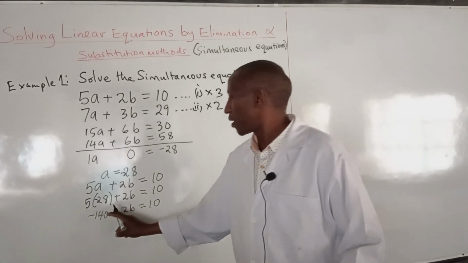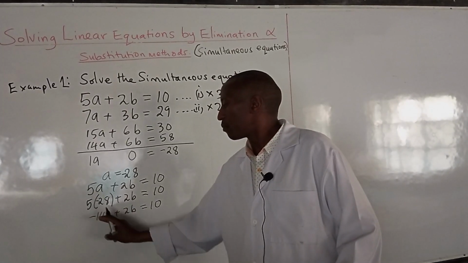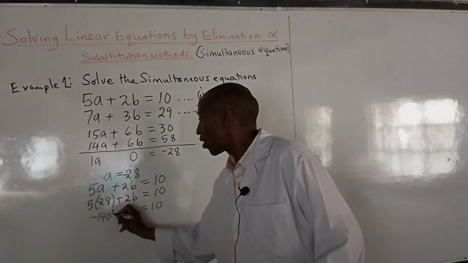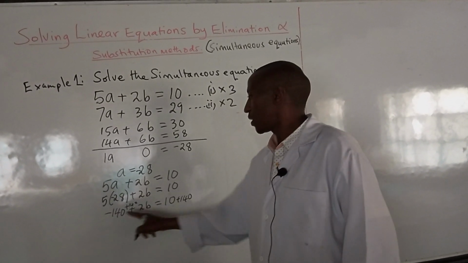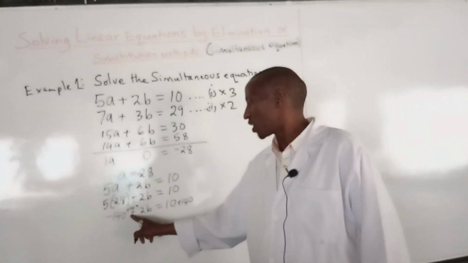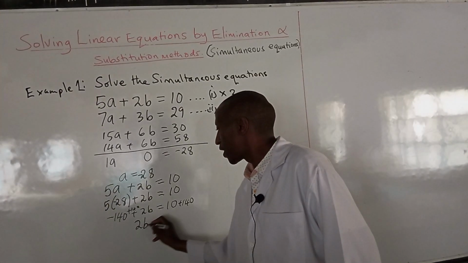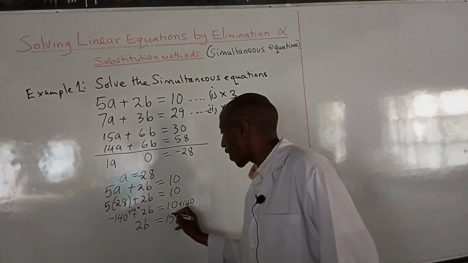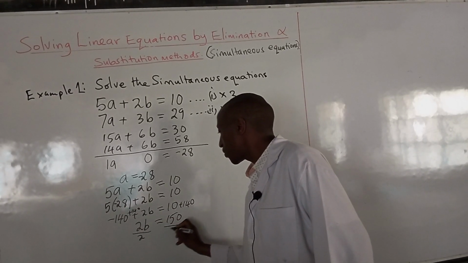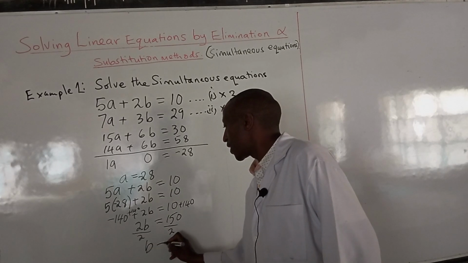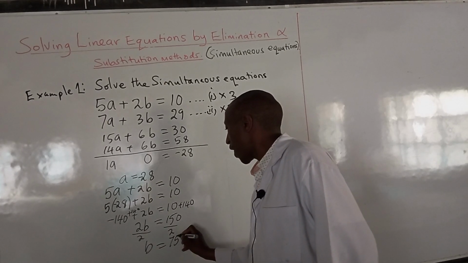So we eliminate this by adding, we add 140 on both sides. So that negative 140 plus 140 is 0. We are left with a 2b. 2b is equal to 150. And divide both sides by 2. Divide both sides by 2, we get that b is 75.